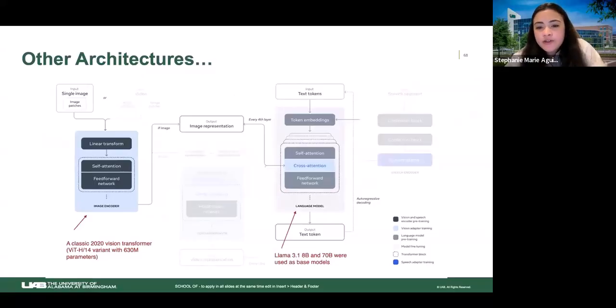And so other architectures that have looked at it is you have self-attention, cross-attention, but there's two things that were actually placed in terms of a 2020 vision transformer. This is what it actually looks like. You would have the image encoder, feed-forward network, self-attention, and then some linear transform.